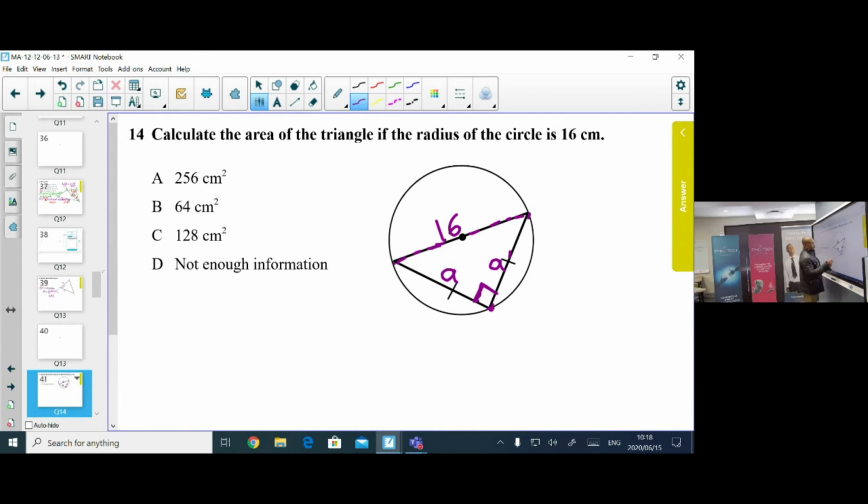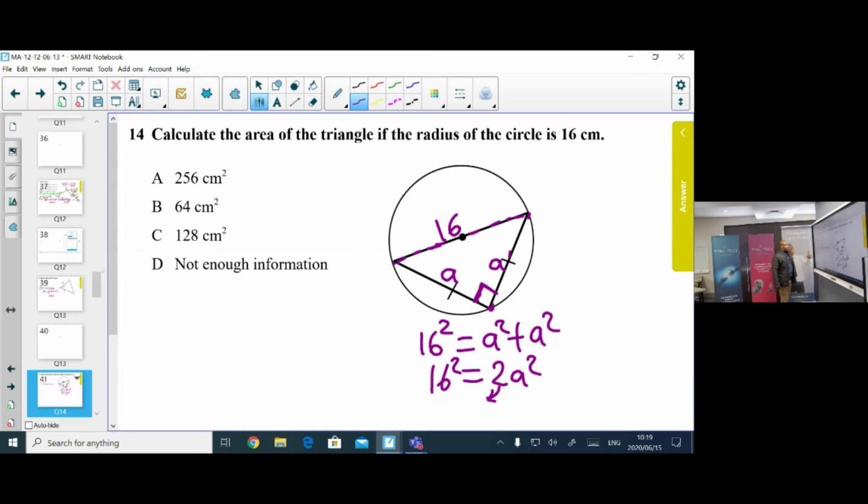So you would have Pythagoras coming into play here. 16 squared equals A squared plus A squared, because 16 is our hypotenuse, which is opposite the right angle. So in the end, we have 2A squared equals 16 squared, and then you're going to use your calculator to get your A.